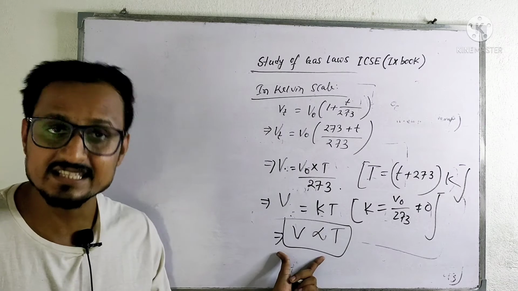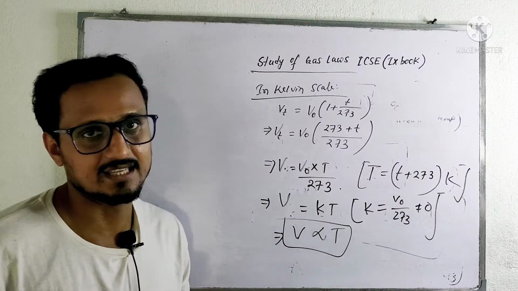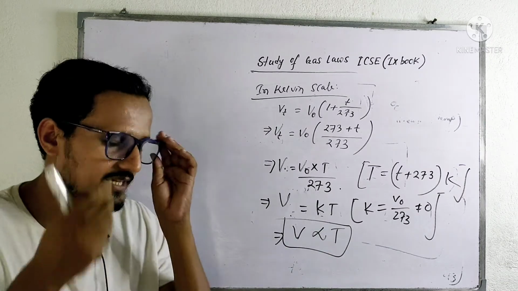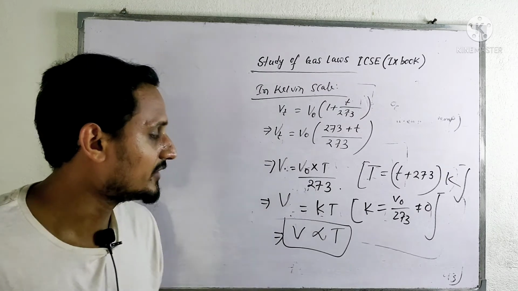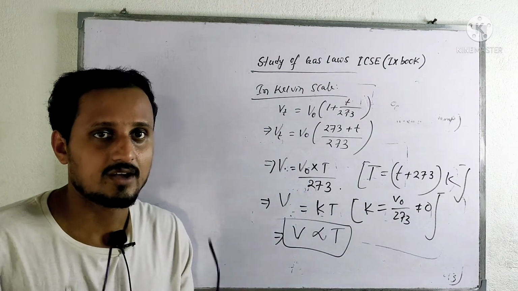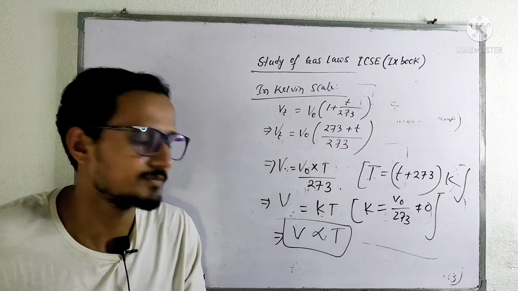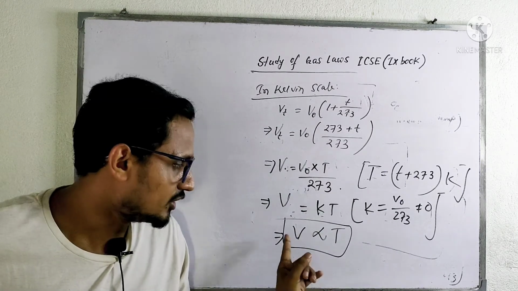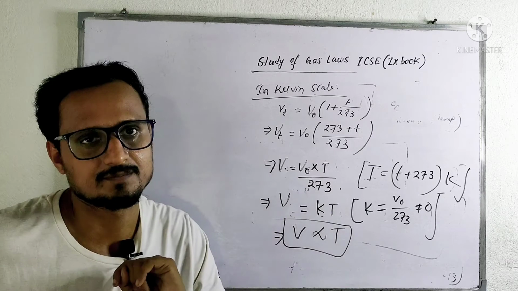Now from here we can easily say that in the Kelvin scale, at constant pressure of an enclosed gas with fixed mass, the volume is directly proportional to the temperature.